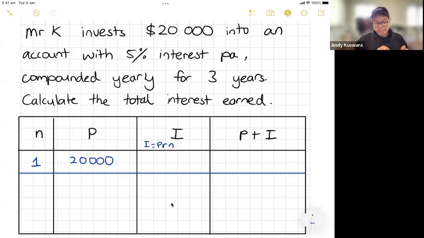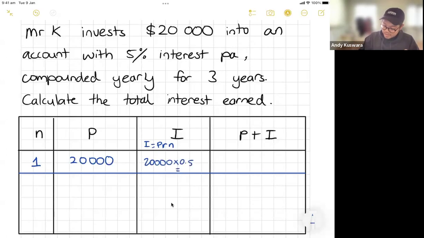The common thing here would be to go 20,000 times 5%, or 0.05, however you want to write it. And then the temptation is to multiply it by 3. Do not multiply it by 3, because I only want it for the first year. I'm calculating 1 year at a time.